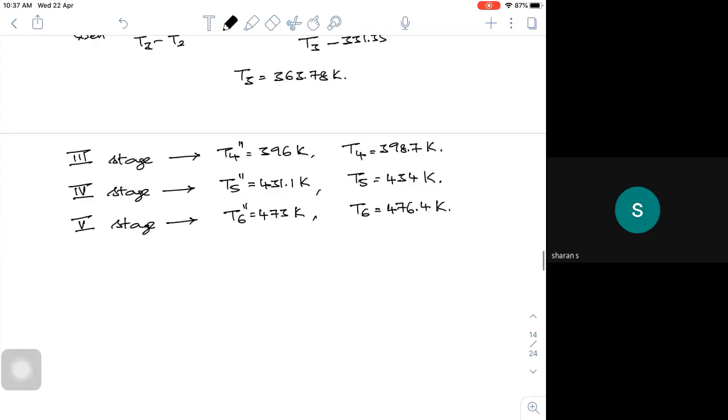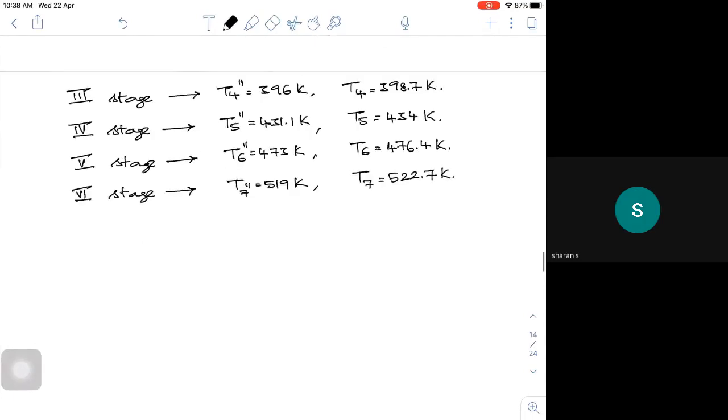You can run it up to either 2 decimals or 3 decimals. For my sixth stage, T7 double dash is equal to 519 Kelvin and my actual temperature is 522.7 Kelvin.